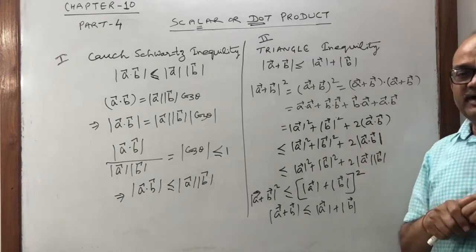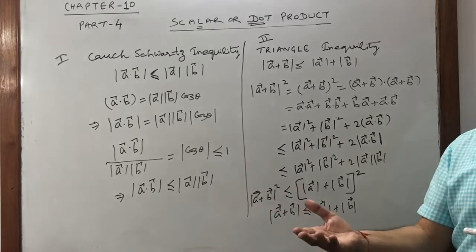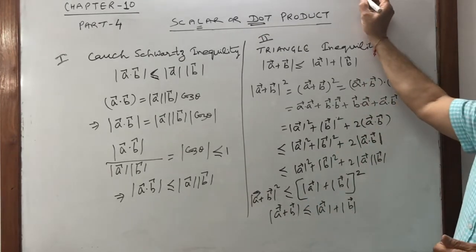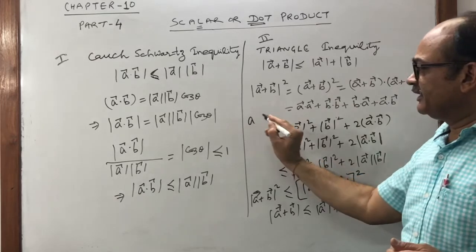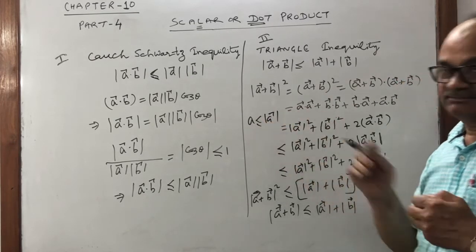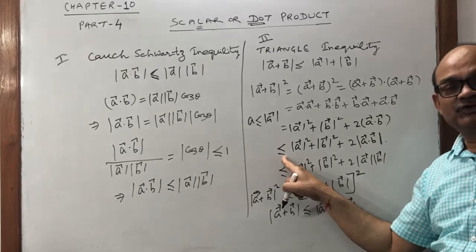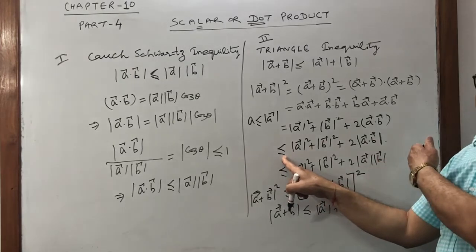And you know, every number is always less than or equal to its modulus. Suppose it is A, and it is mod A, then naturally mod A is more than A. So here we take the modulus, that's why the sign of equal to is now changed to greater than or equal to.